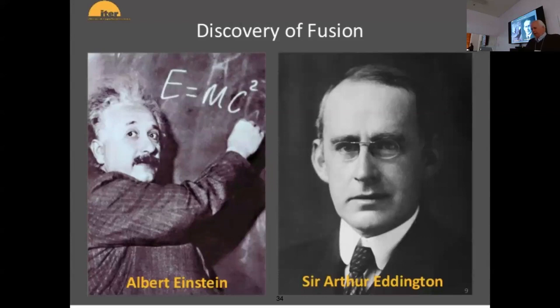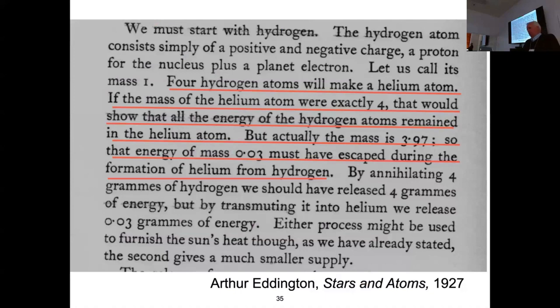And Arthur Eddington, an English physicist, derived from this something, had a very great intuition, and this is from his book, in 1927, long before fusion had been discovered or figured out. But he said, underlined, 4 hydrogen atoms will make a helium atom. See, nobody knew about neutrons at the time, but you know, neutrons have about the same mass as protons, a little bit heavier.